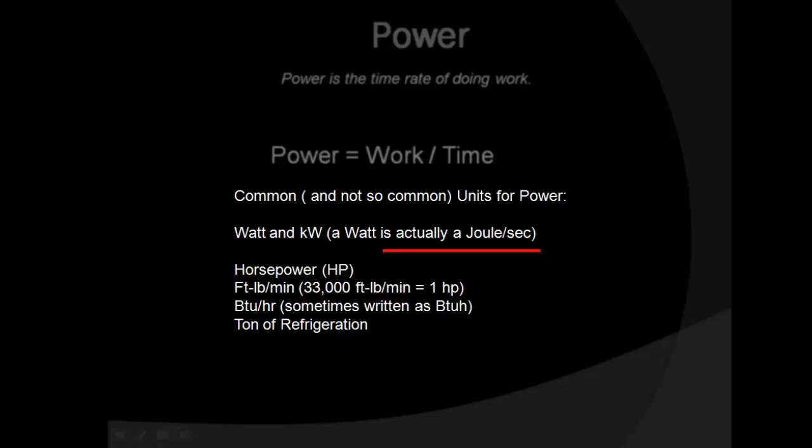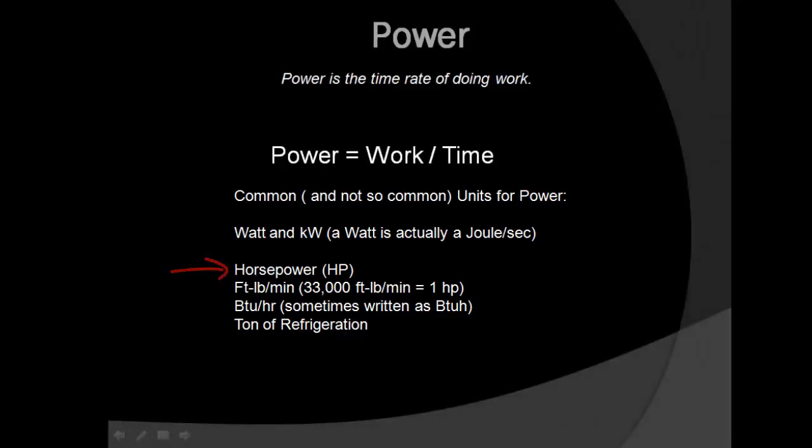In the imperial system, there are a variety of units used for power. These include horsepower, foot-pounds per minute, where 33,000 foot-pound per minute is equal to 1 horsepower, BTU per hour, and this is sometimes written as BTUH, and ton of refrigeration.